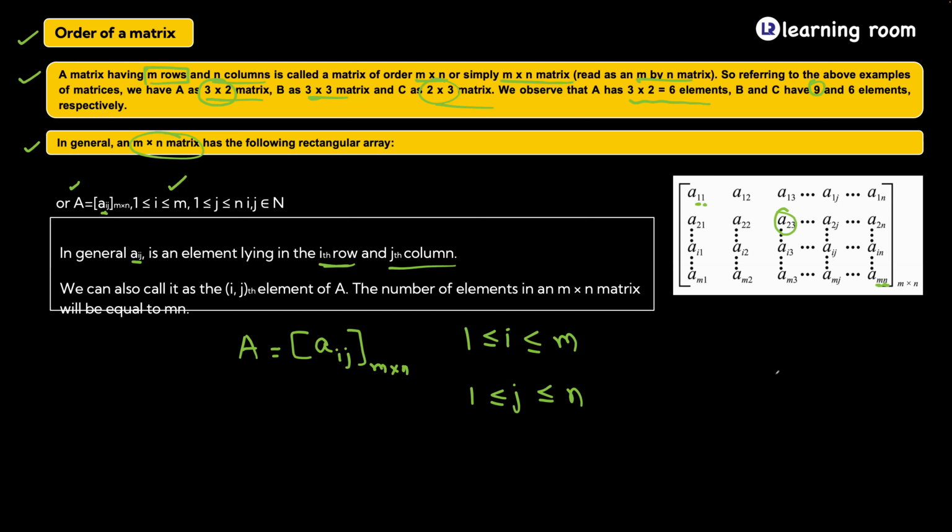Shall I proceed? So I can vary that. It's a variable. I can vary anywhere between 1 to m. It can be 1, 2, 3, anything. The last number it can take is m.